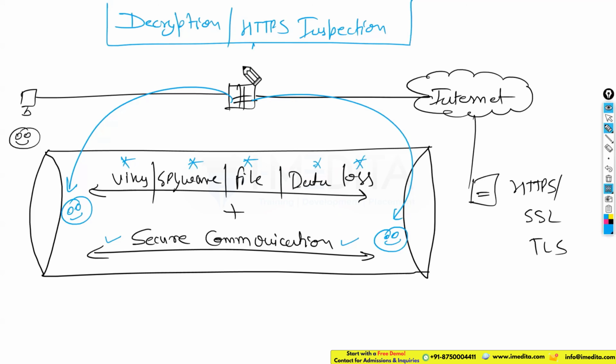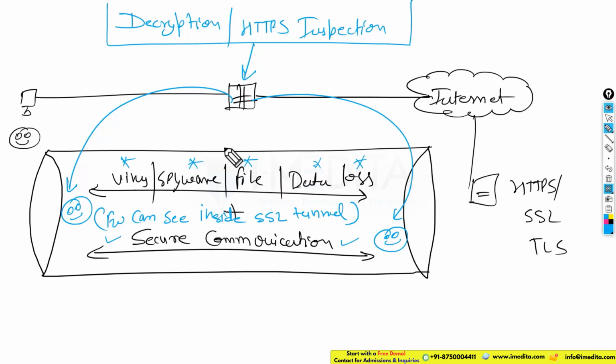When we enable decryption or HTTPS inspection, the firewall can see inside the SSL tunnel, and virus, spyware, file data loss can be stopped.